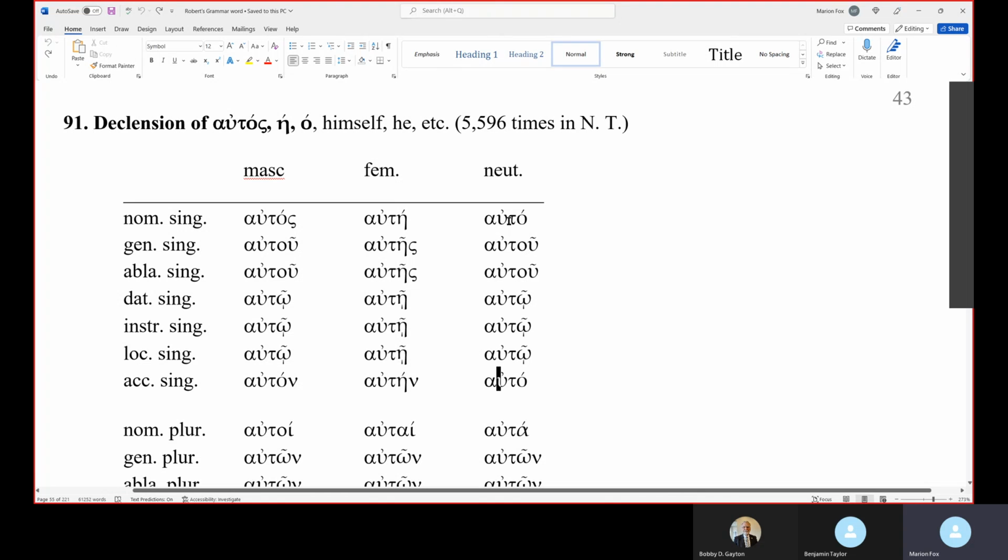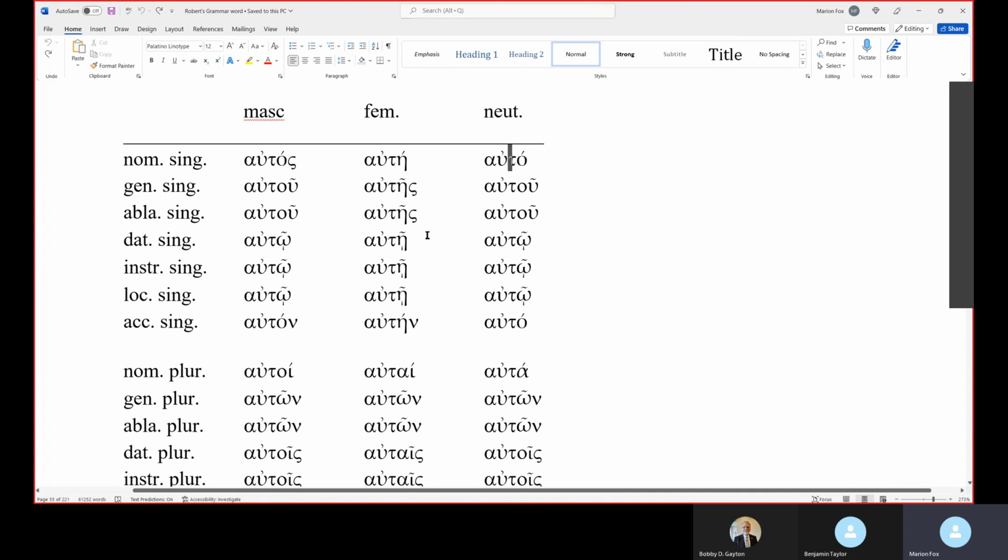So when you see one of those, you have to look at context to see whether it's the accusative, the direct object, or whether it is the nominative case. Right? So that's something you've got to watch. Those will be the same.